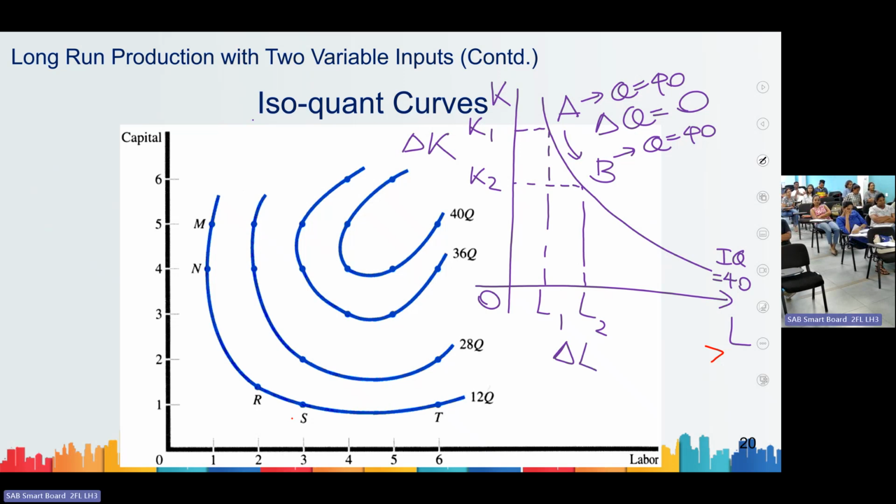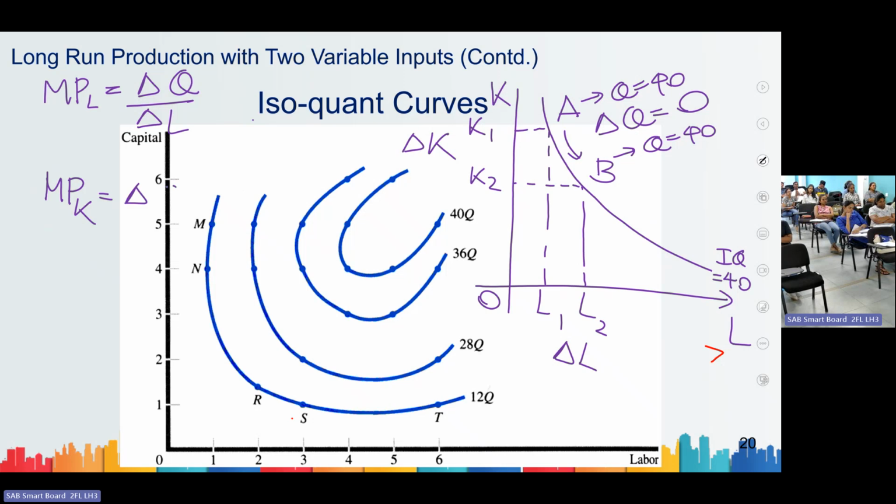Before talking about this picture, I want to recall your knowledge on marginal product. What is the formula to calculate marginal product of labor? That is change in output divided by change in L. How to calculate marginal product of capital?